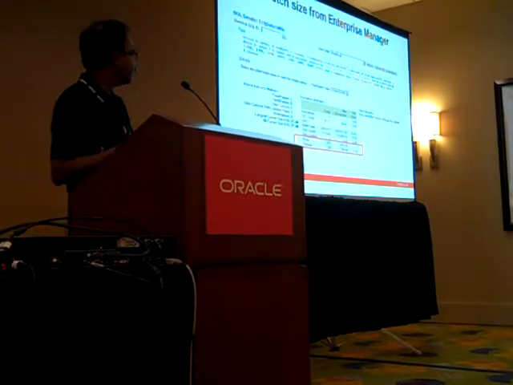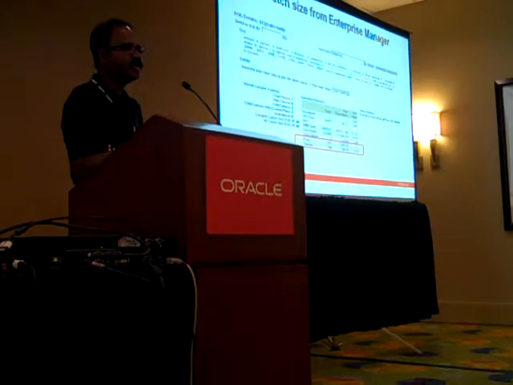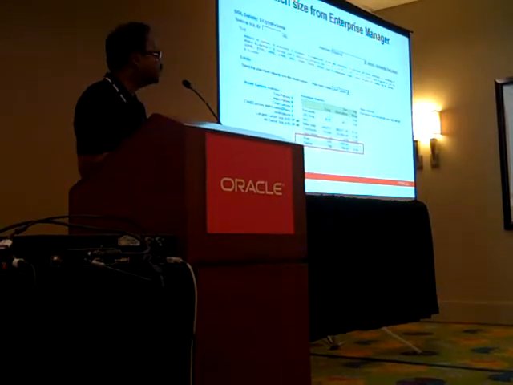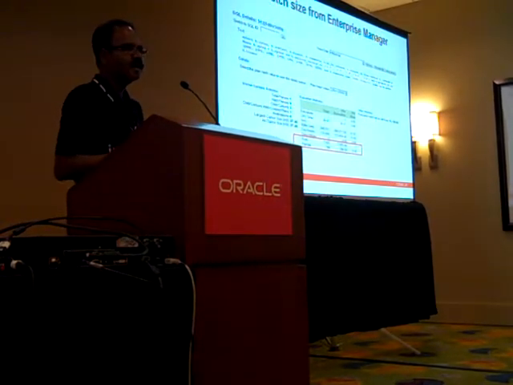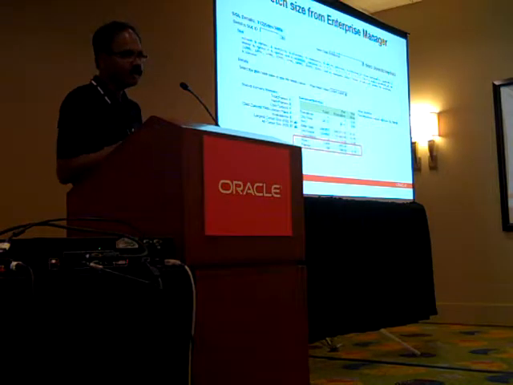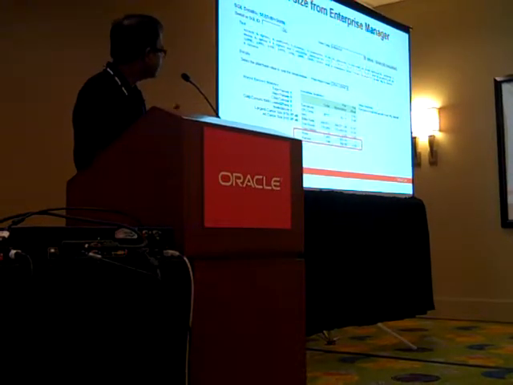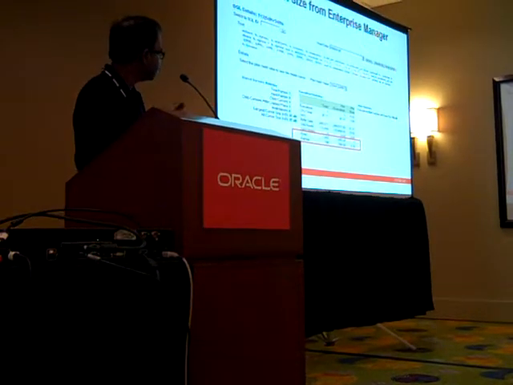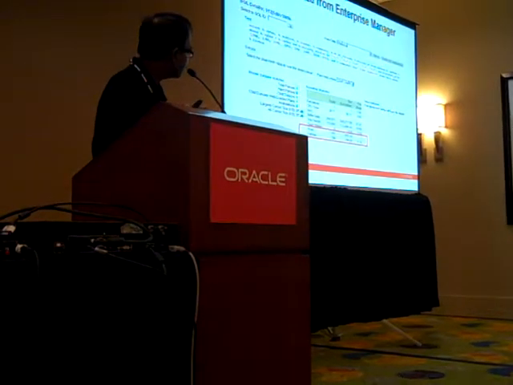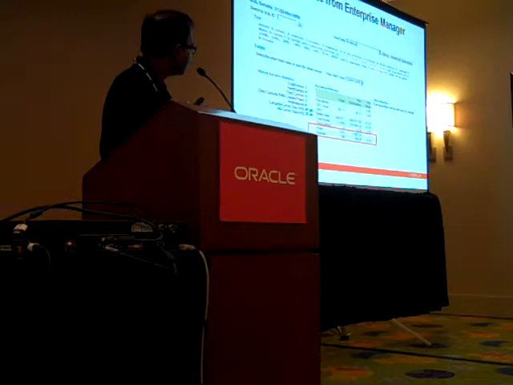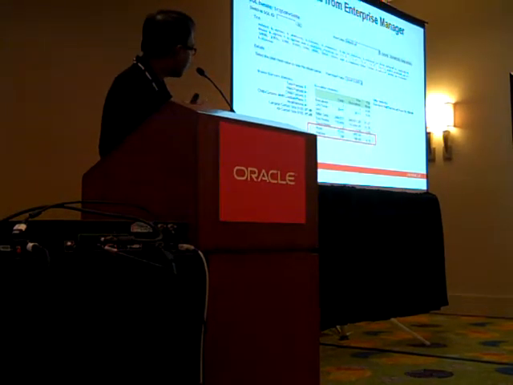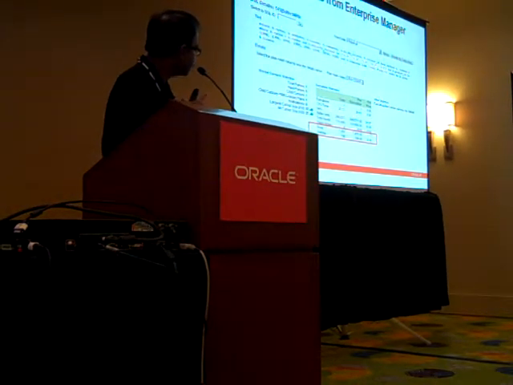This is an Enterprise Manager snapshot. Enterprise Manager also has things similar to the AWR report, more GUI based and more user friendly. Here you can look at these screens and see that there were 7,955 rows being fetched, and there were 796 fetches.